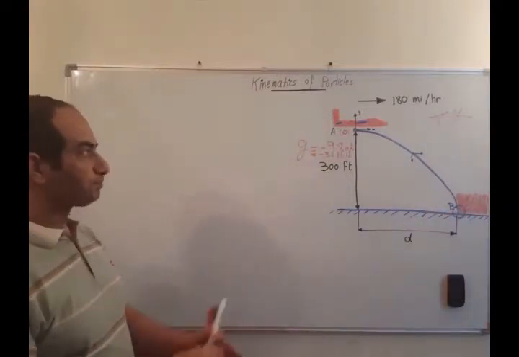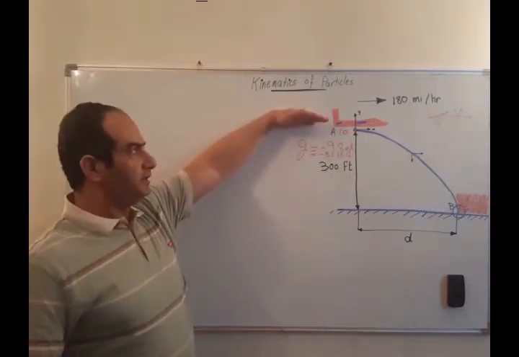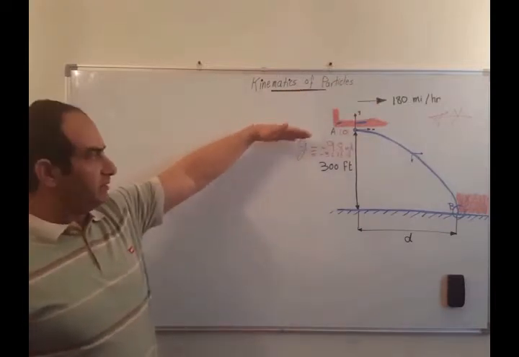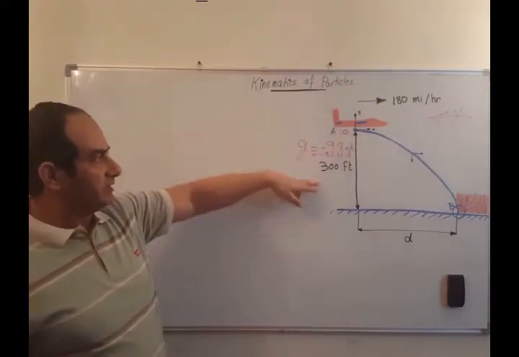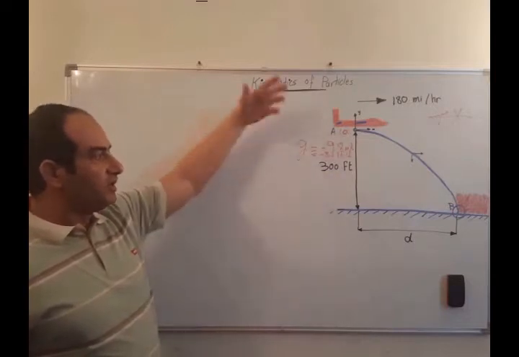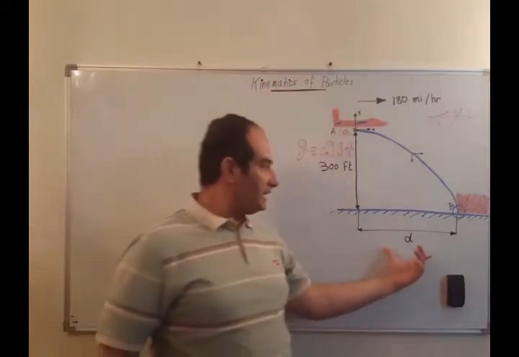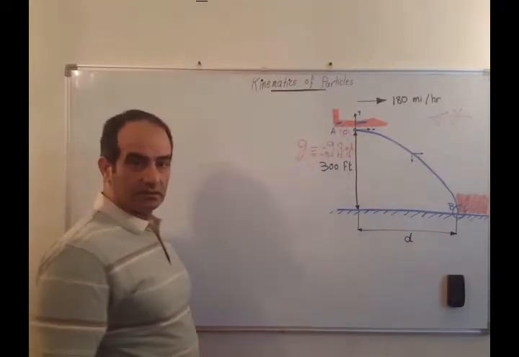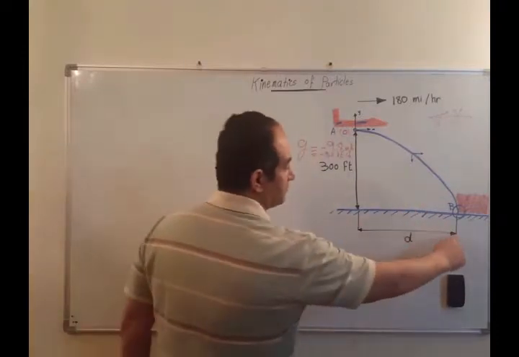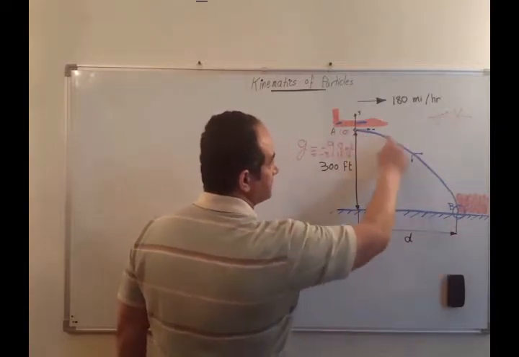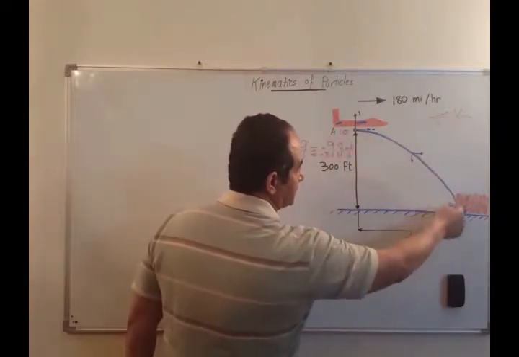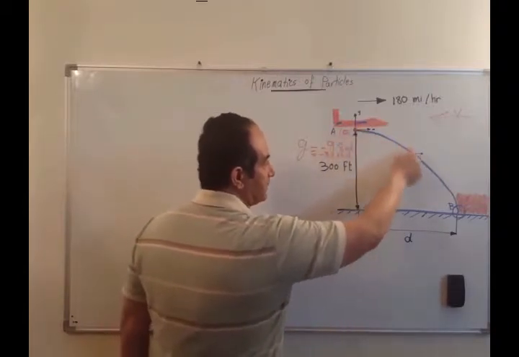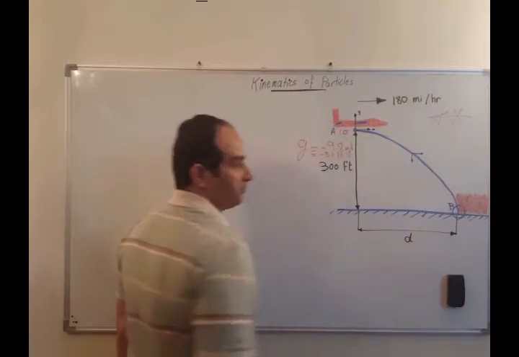Simply, the aircraft is flying at 180 miles per hour at a constant speed and a constant altitude of 300 feet. We need to calculate the distance d that ensures the particle reaches point P.